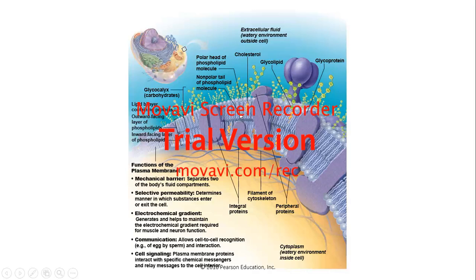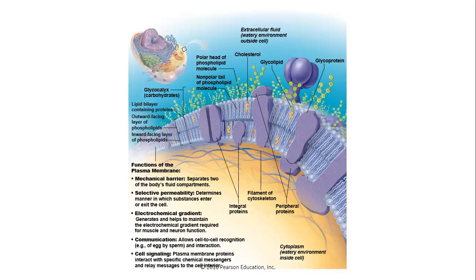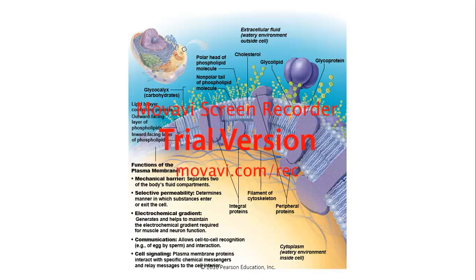When it embeds itself like that, it's pushing against the sides of those lipid tails, and essentially it's making the plasma membrane more firm, okay? Again, you don't want the plasma membrane to be too loose. So the cholesterol plays a very important role of making the plasma membrane more firm.